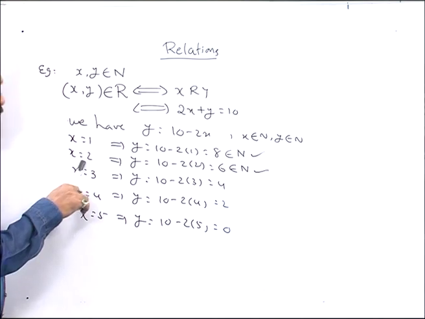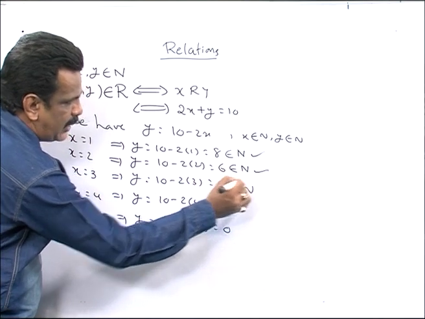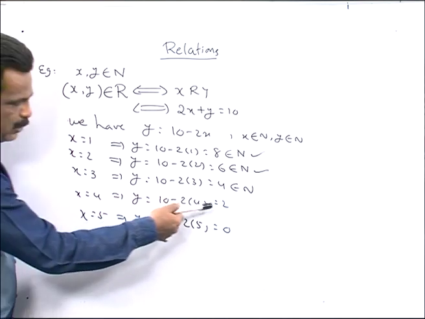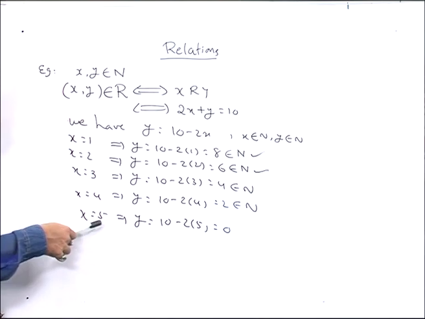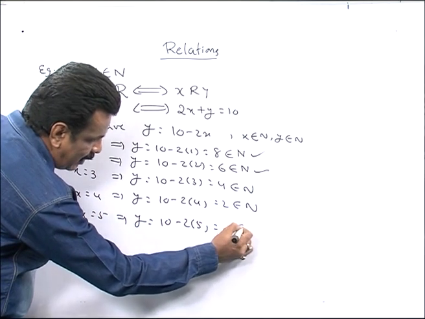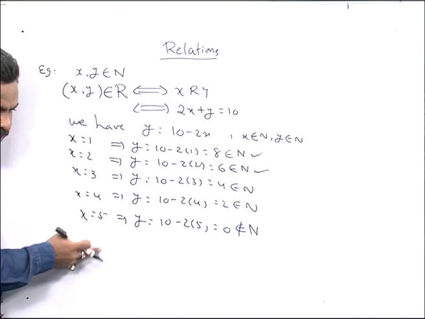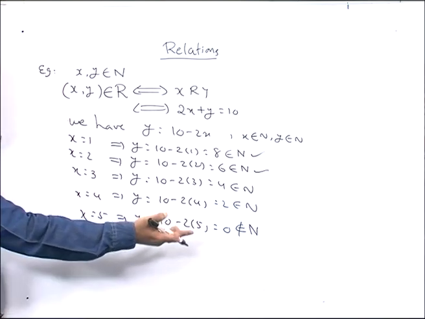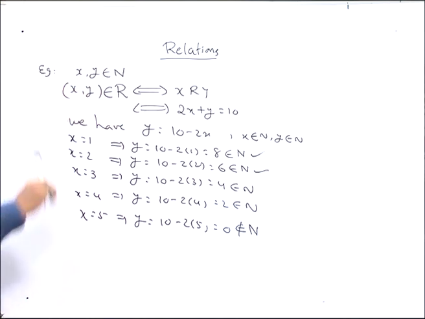So we can say 2 comma 6 are connected. Here 3 is connected to 4 because 4 is a natural number. 4 is connected to 2 because 2 is also a natural number. But we come at last to x equal to 5. Even though x equal to 5 is a positive integer, the y value is found to be 0, which is not at all a natural number. And hence from x equal to 5 onwards, you may get y values negative also sometimes, but we are discussing only natural numbers or positive integers.